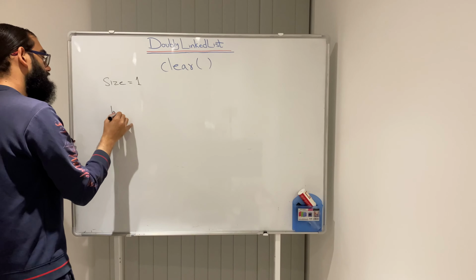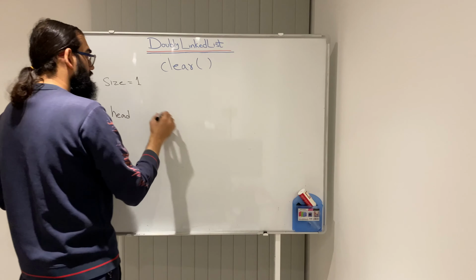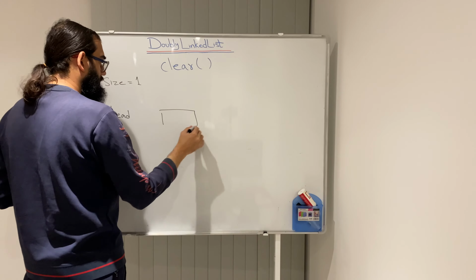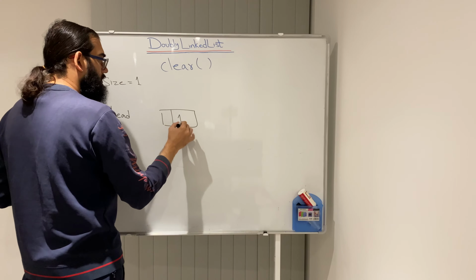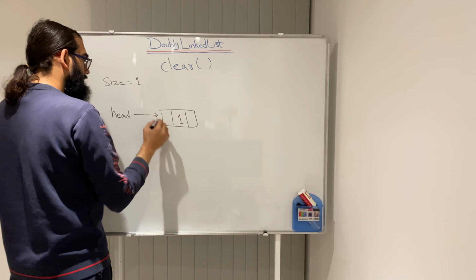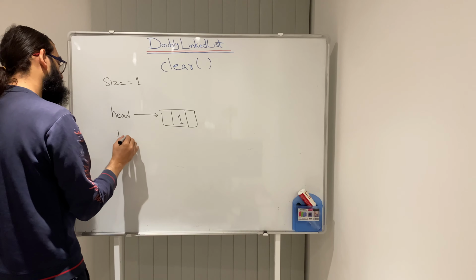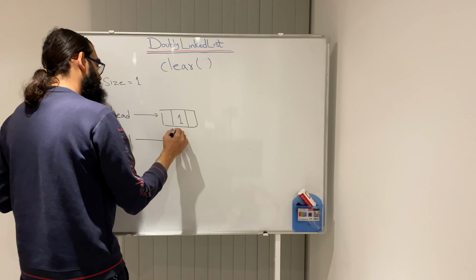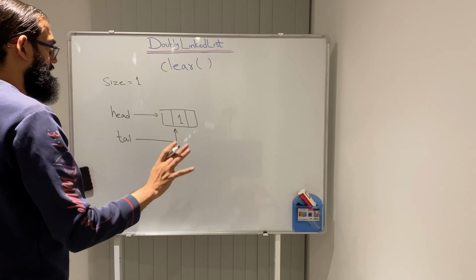So I created a doubly linked list with size 1. It means I have only one value. In this case, head is this, tail is this, and that is done.